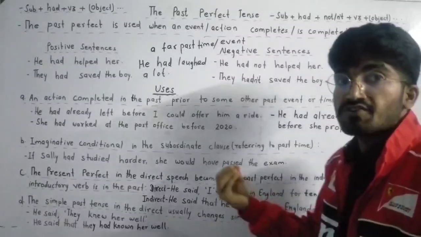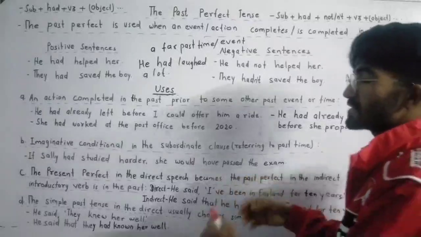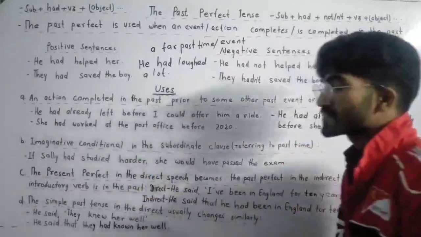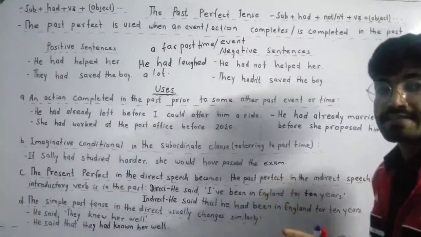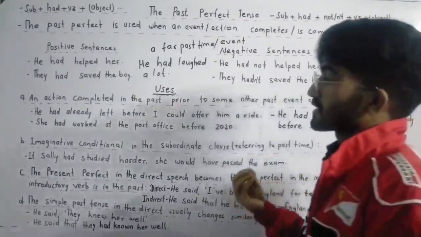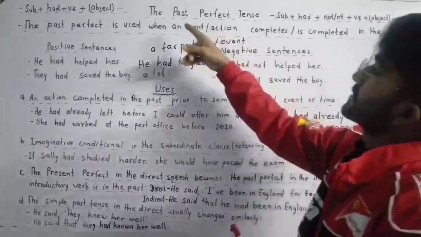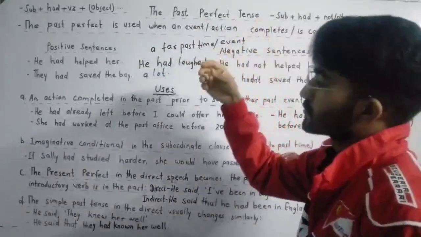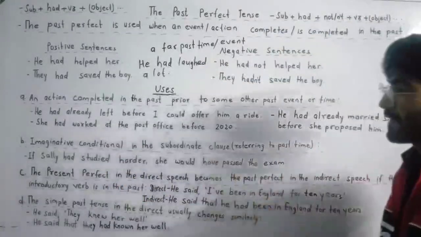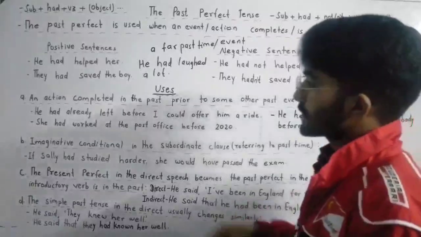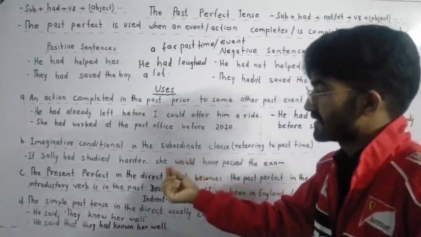We are giving an imaginative condition, because we use mostly if clause sentences to express conditions, and here we are using the past perfect tense to express an imaginative conditional.